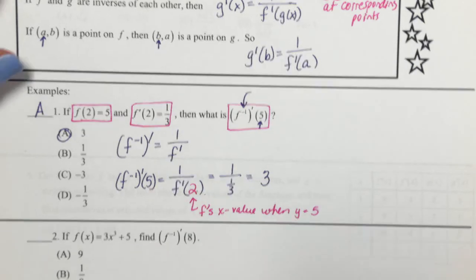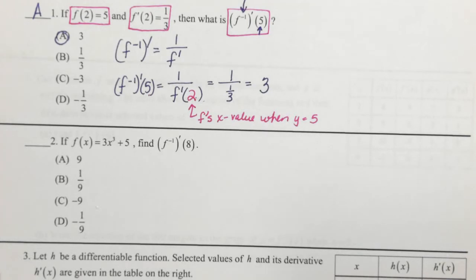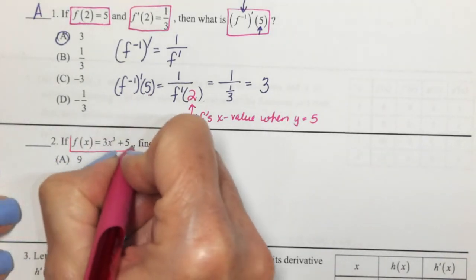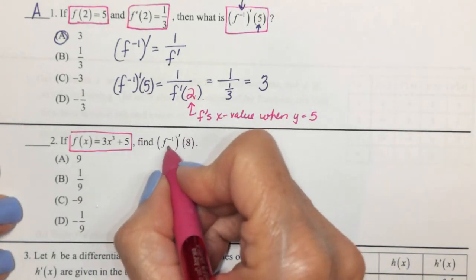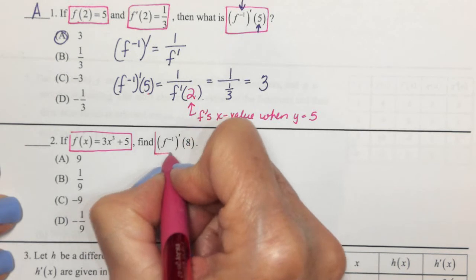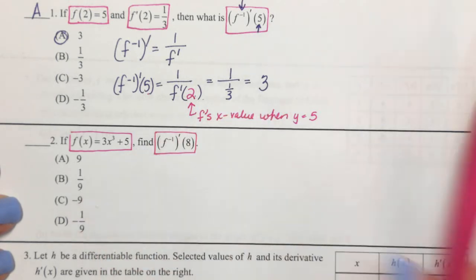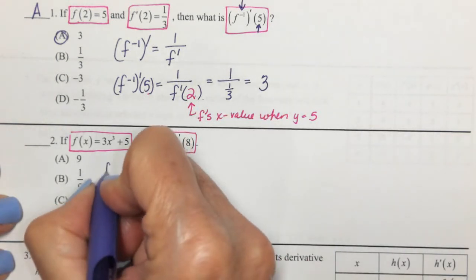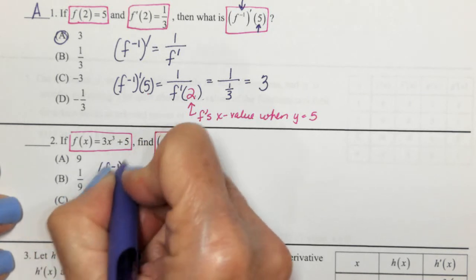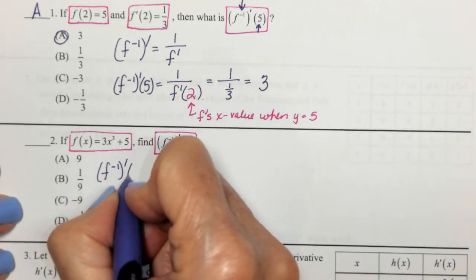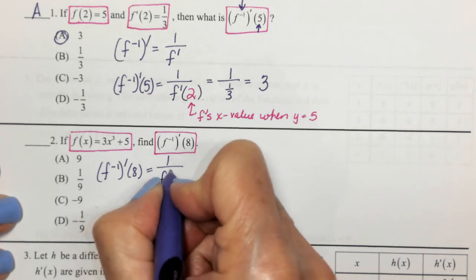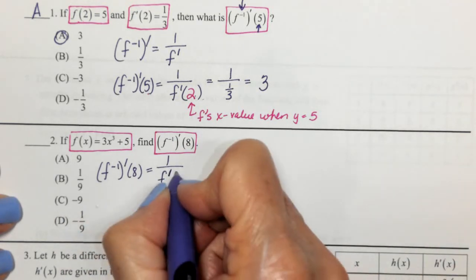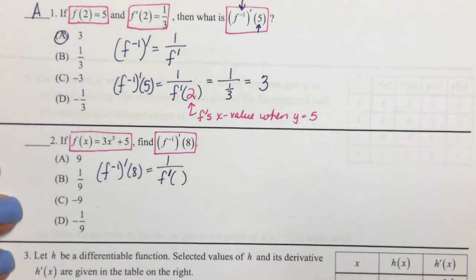Okay? Let's take a look at another one. Let's say that they give us that f of x is this function, and we want to find the derivative of f inverse at 8. Well, I know that the derivative of f inverse at 8 is 1 over the derivative of f at its x value.